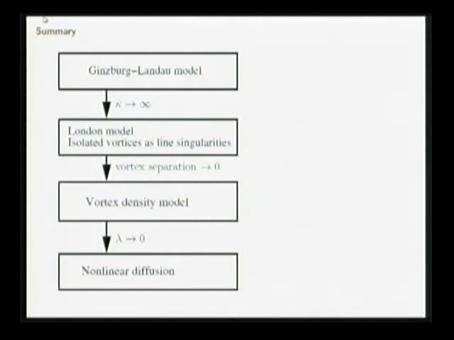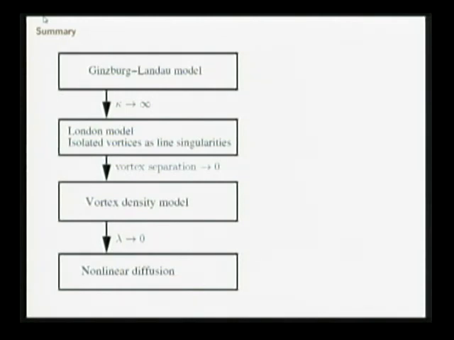And then what we did was we said, well, suppose we've got a lot of them, and we let the separation tend to 0, and we do a formal homogenization, so then you can get to a model which is a vortex density model, or a model for a vorticity. And then because I still have this length scale in the problem, which is the penetration depth, you can also take the limit in which the penetration depth is small by comparison to the size of your sample, in which case even this model reduces and you end up with some sort of nonlinear diffusion equation.